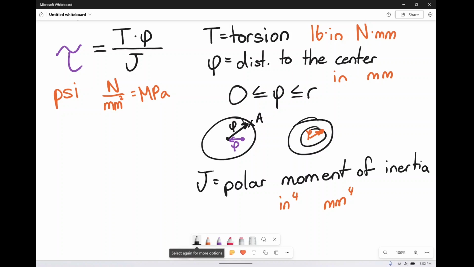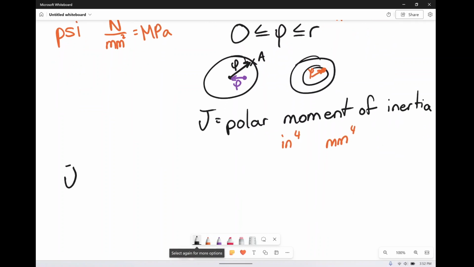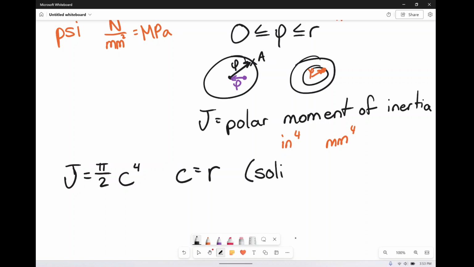So what's J? J is polar moment of inertia, and that has its own equation, which is pi over 2 times c to the fourth. Now c, strangely enough, they chose the letter c when really they're again talking about the radius. Who would have guessed? And this is what the equation is for a solid cross section. We have a different one if it's a tube.